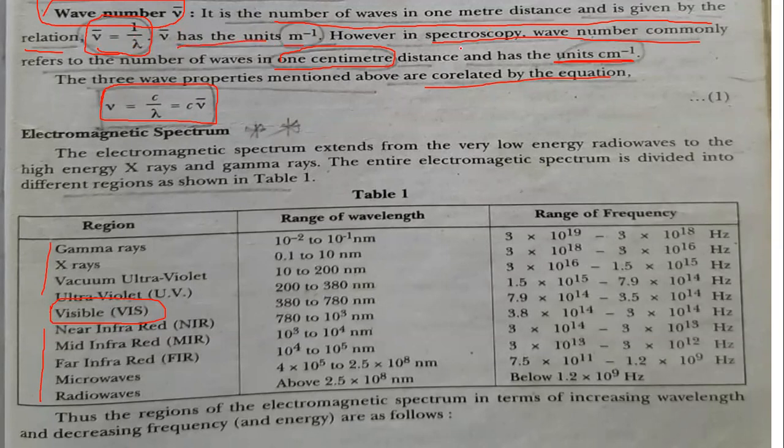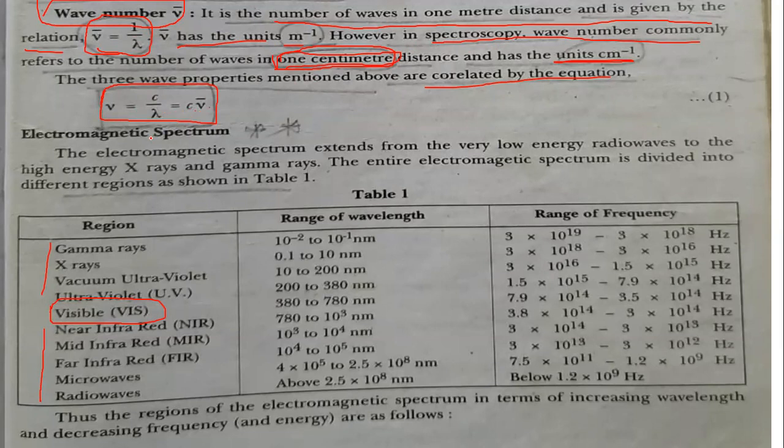However, in spectroscopy, wave number is commonly referred to as the number of waves in 1 centimeter. Okay, so nu is equal to c upon lambda, that is equal to c into nu bar.